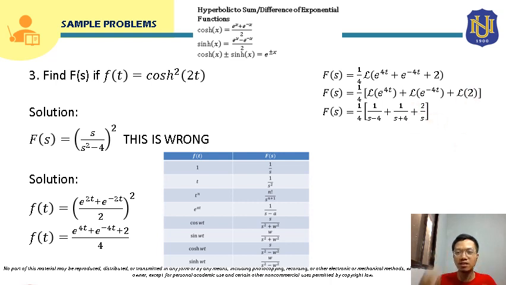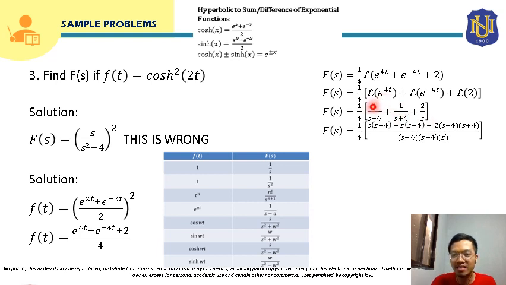Okay, so simplifying this further, we can combine these three. We can solve for the least common denominator, which will be s minus 4 times s plus 4 times s. So this will be s minus 4 times s plus 4 times s divided by s minus 4 times 1, so that will be s times s plus 4.